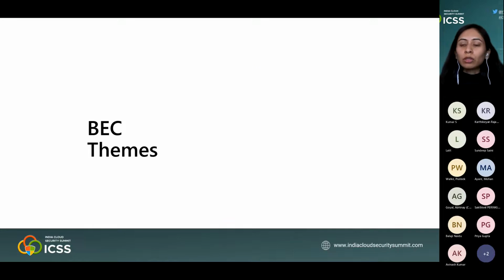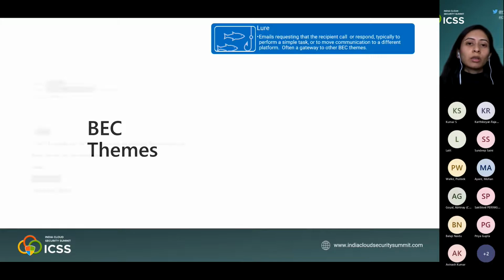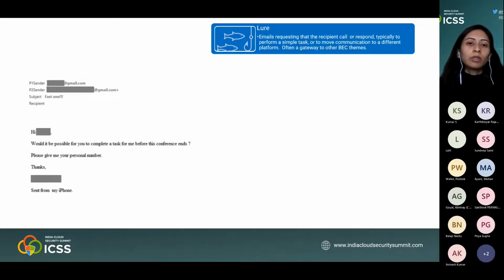Okay, so now let's look at the different types of BEC themes that we have mainly observed, and these are primarily used to exploit a business relationship. The first type of theme that we have seen is a lure, which is usually a one-liner email, often a gateway to other BEC themes.